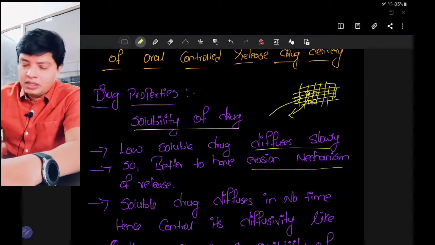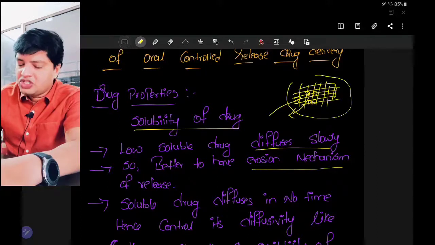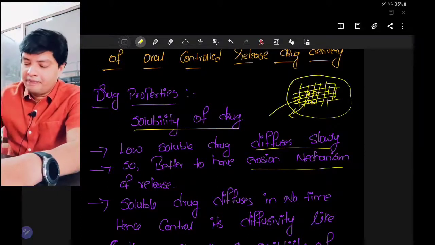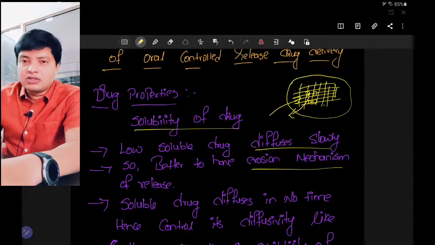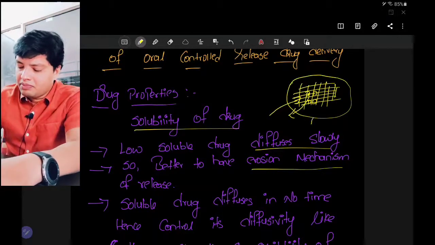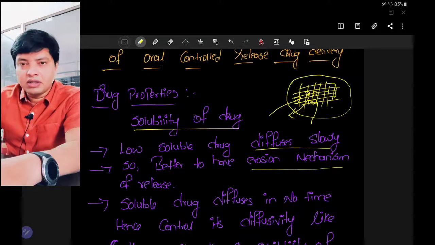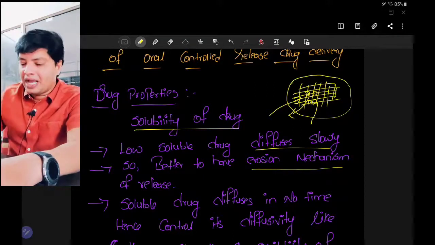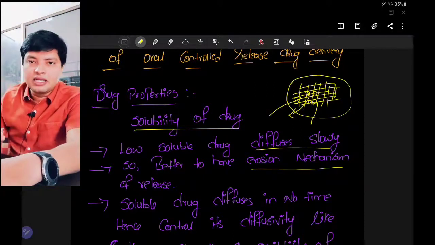If I incorporate polymer and drug, the polymer will swell when it comes in contact with the GI content. This is called swelling and releasing. After swelling, water molecules enter the polymer to make it swell, as well as the matrix where the drug is present.